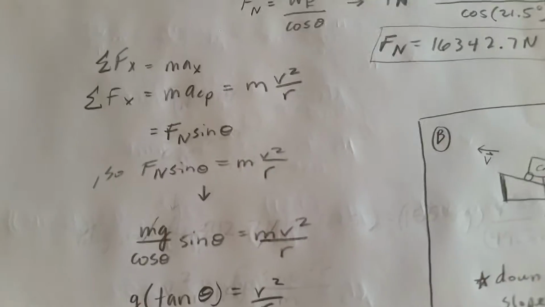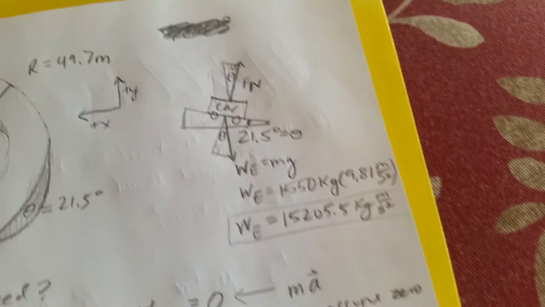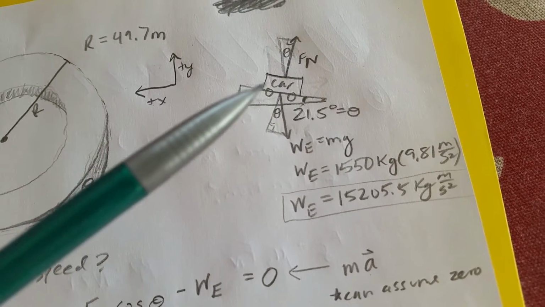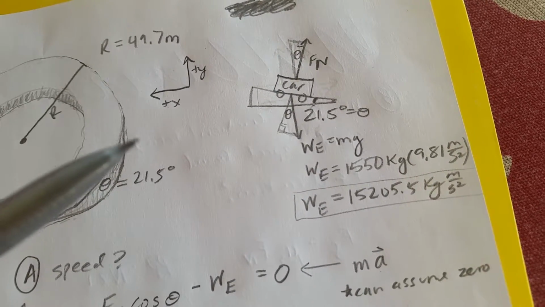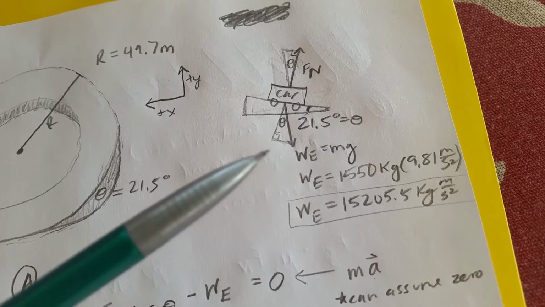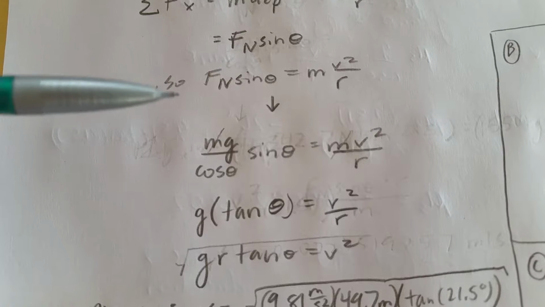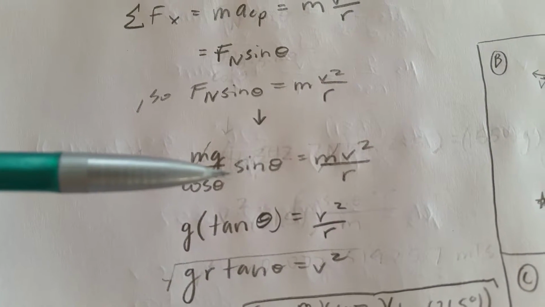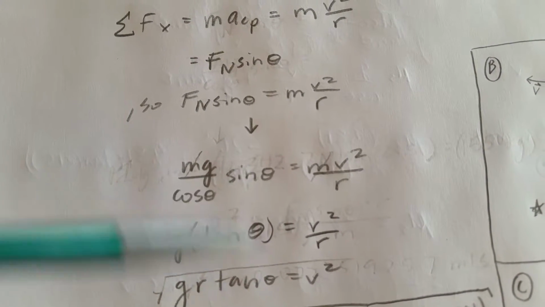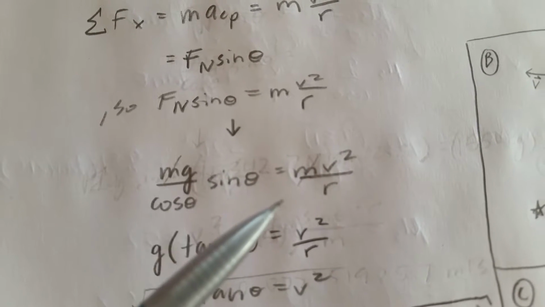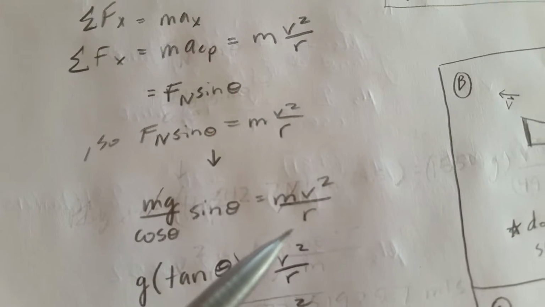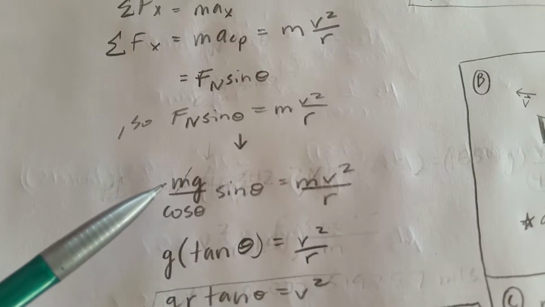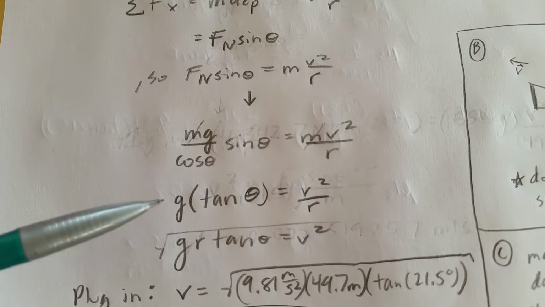So the force normal is just the weight of the earth down here, and then you divide by cosine of the angle. So I plug that in here, and then you multiply that by the sine of theta, you just bring it down. And then on the right half you just have m times v squared over r again, and since you have m on both sides you can cross them out and they cancel each other.